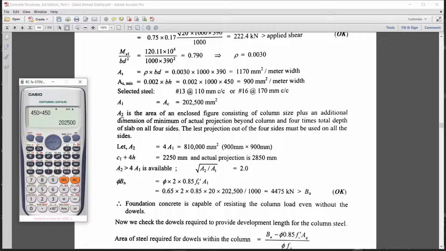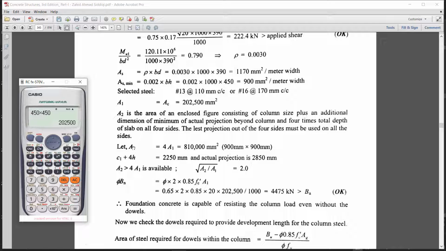A2 is the area of an enclosed figure consisting of column size plus an additional dimension of the minimum actual projection beyond the column and 4 times the total depth of slab on all 4 sides. The lesser projection out of the 4 sides must be used on all 4 sides. So there are two options.